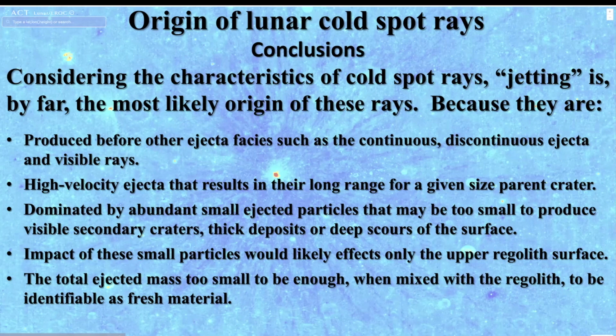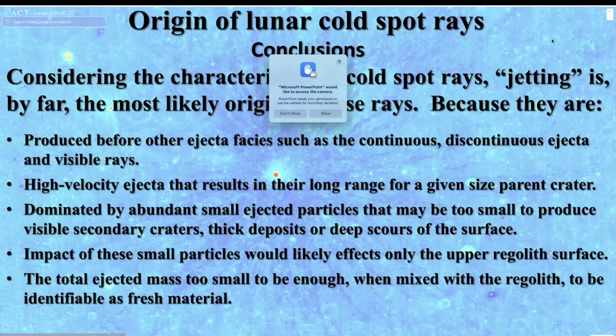Impact of these small particles would likely affect only the upper regolith surface. Total ejected mass is too small, when mixed with the regolith, to be identifiable as fresh material. And we'll just leave it on that slide there.